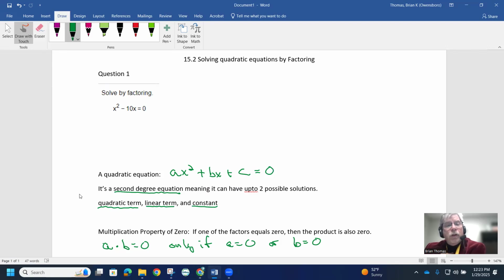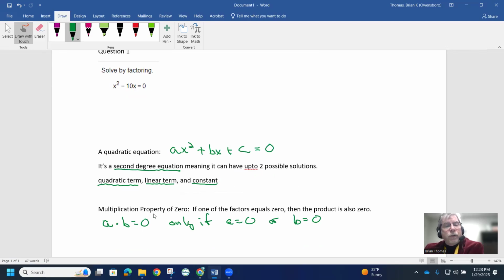One of the things we're going to use as a strategy is what's called the multiplication property of 0. This is an interesting property. It's not used a lot in daily life, but in algebra, it allows us to solve some of the easier equations. The multiplication property of 0 says this: if one of the factors is equal to 0, then the product is also 0.